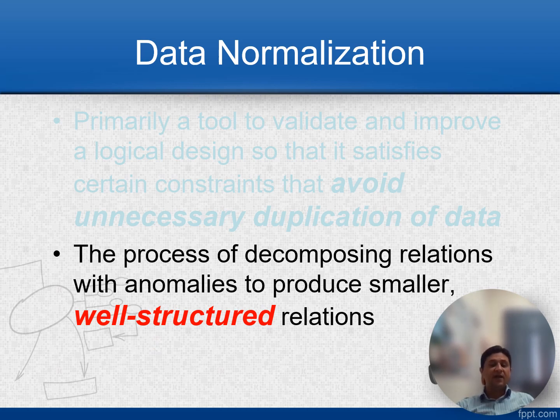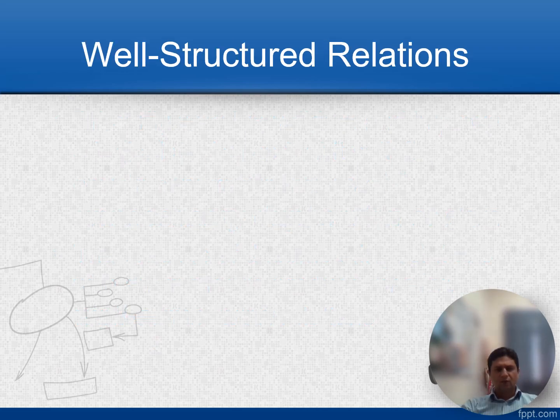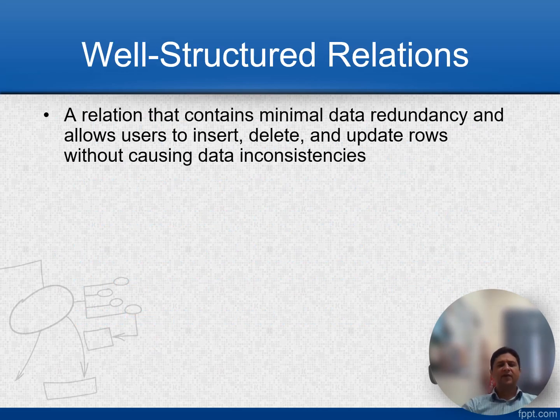So if we have some larger relations with anomalies, this process is also decomposing, breaking those relations to convert them into well-structured relations. And basically a well-structured relation is something that we want to achieve through this. So we want to have all of the relations in the relational model as well-structured relations.